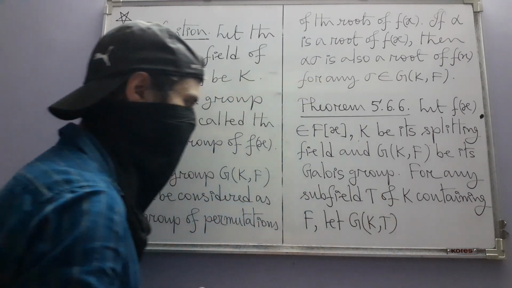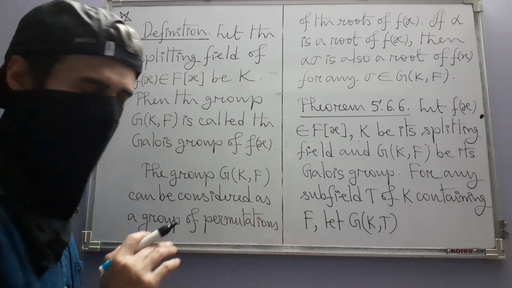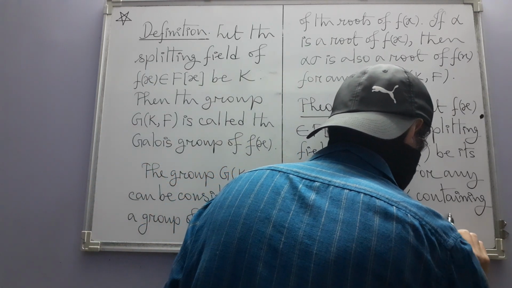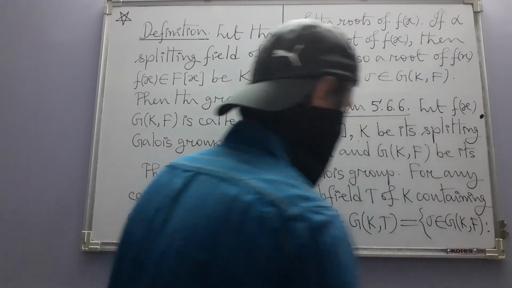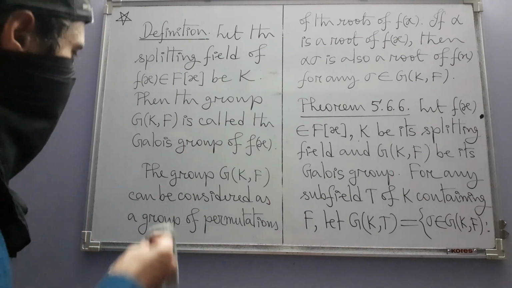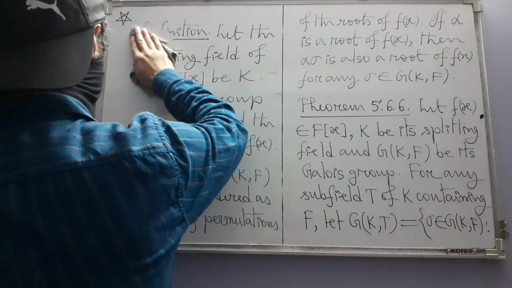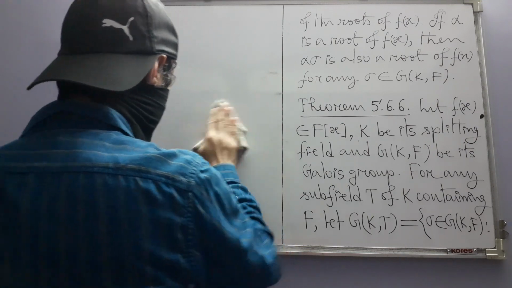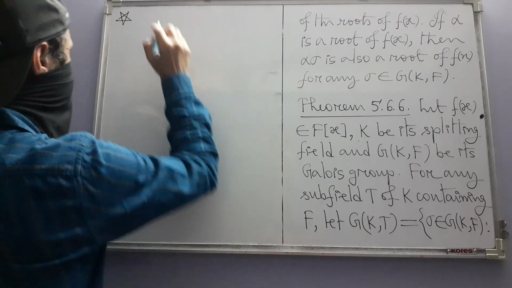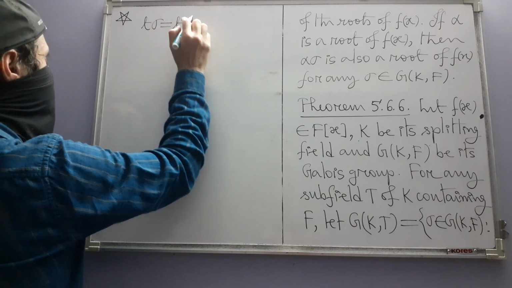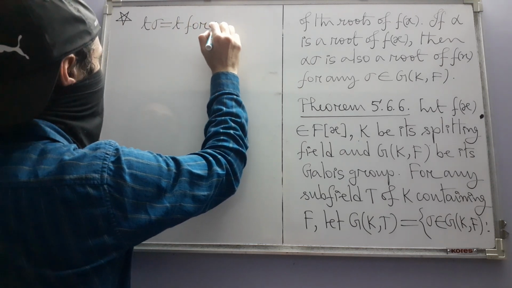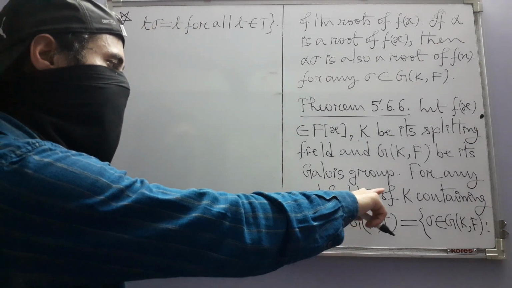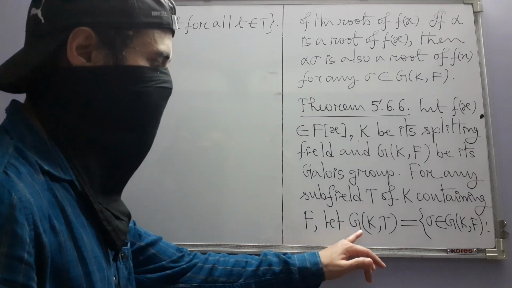So T is any subfield of K, but as F is a subfield of its own, it contains F. G(K, T) is the set of all automorphisms sigma coming from G(K, F) which fix all the elements of T. So this G(K, T) is just like the original Galois group G(K, F), such that t sigma is equal to t for all t belonging to T. So for a subfield T of K containing F, we are getting a group of automorphisms.